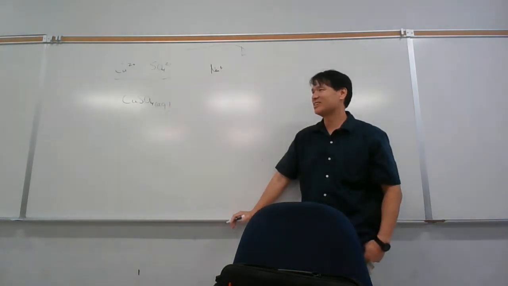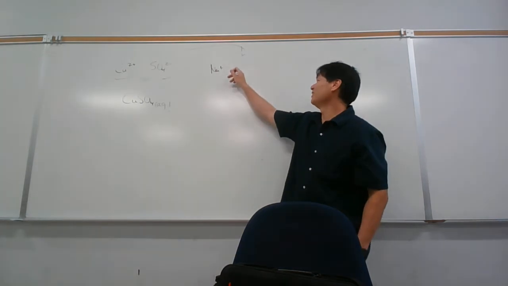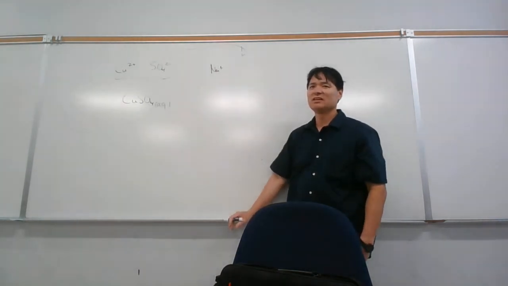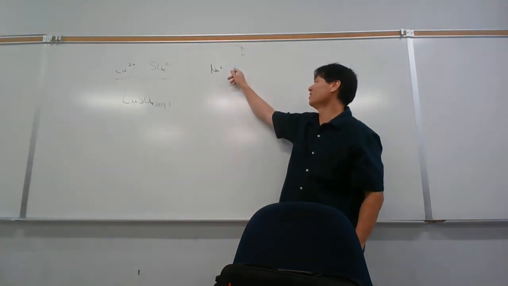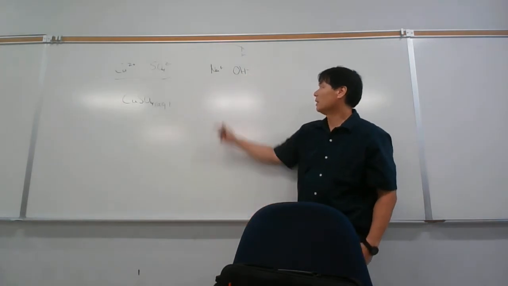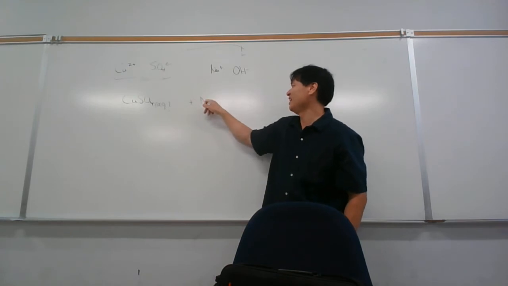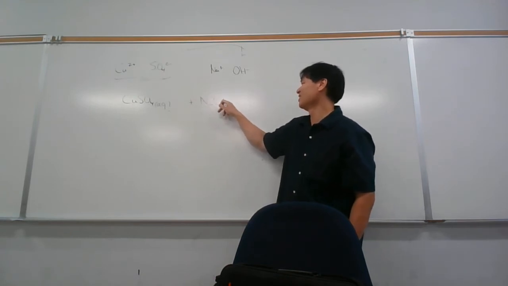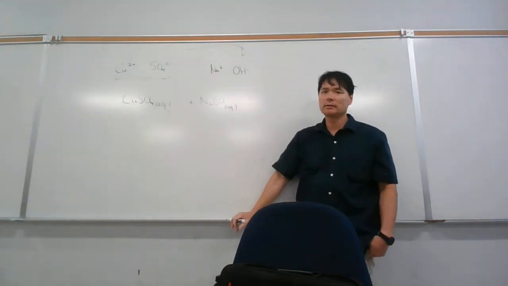There's no easy way around it. I think writing this down over and over is good, or flashcards or whatever you want, but it's OH minus. And therefore, this is also 1-to-1 already, and so sodium hydroxide is just NaOH. And this is a solution. Solutions are automatically aq. And so that would be it.